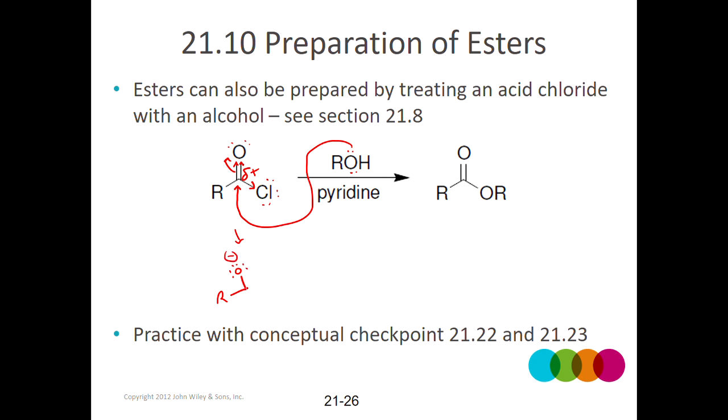And as we were showing earlier, the intermediate would have two formal charges. So it's pretty unstable, and it very quickly pushes out the leaving group.